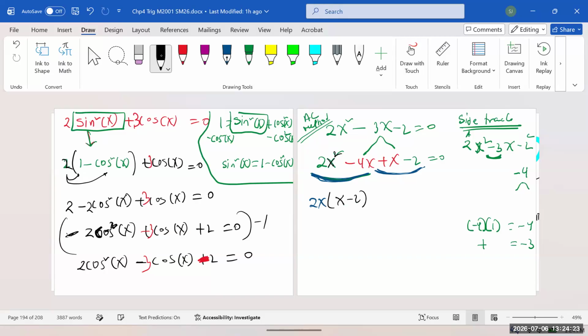X minus 2. Your second group starts with a plus sign, so you are going to do plus. And what's the common factor in the second group? Nothing, meaning 1. Factoring means dividing. You can divide both of them by what? By 1. So you factor out a 1. And you rewrite x minus 2.